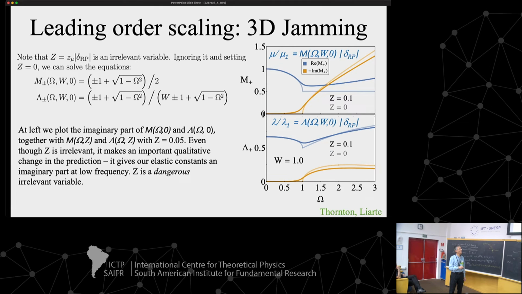And this is lambda plus on the rigid side. It has a real part that goes to a constant as you go to omega equals 0, and in the light gray, the dim version, that's z equals 0. It has a cusp as well.